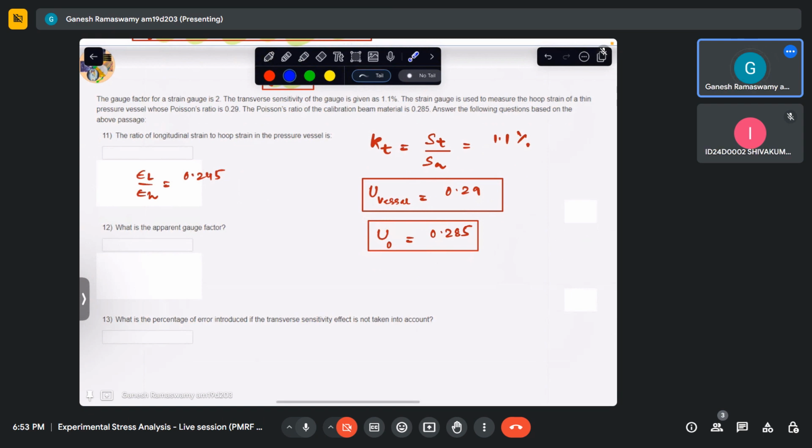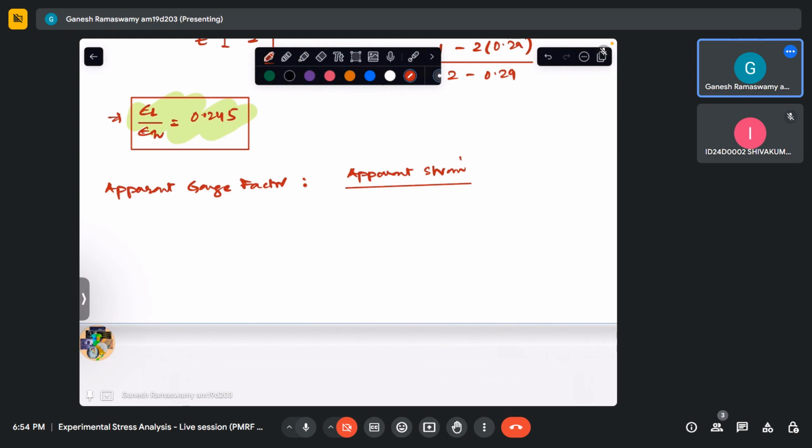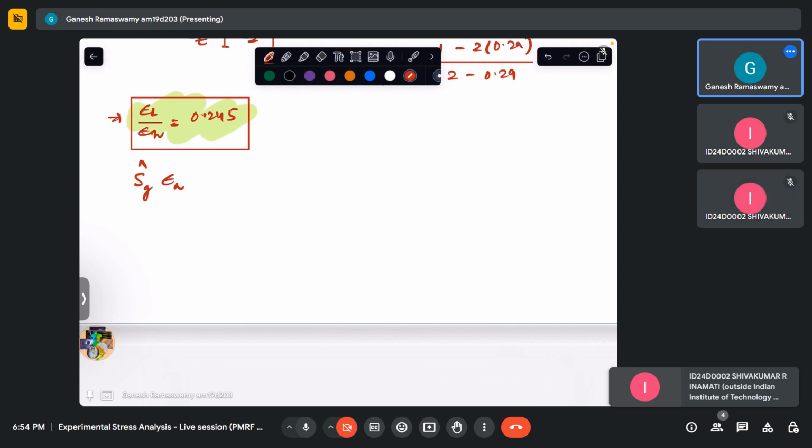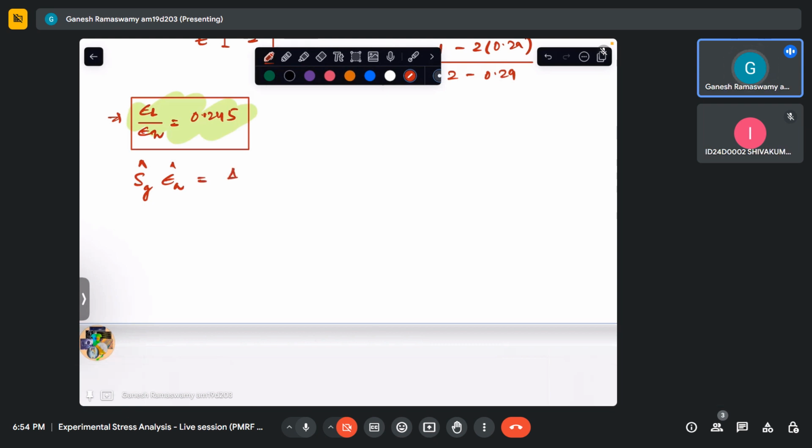So what is the apparent gauge factor is what is asked. Now we know that the apparent gauge factor into the apparent strain gives me the change in the resistance.